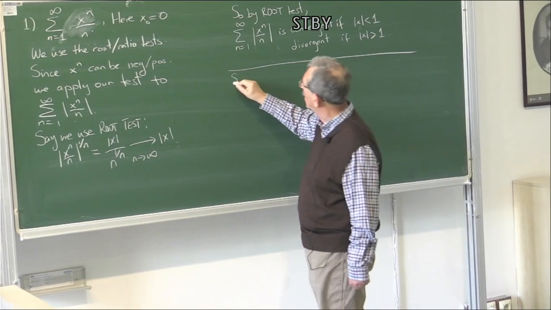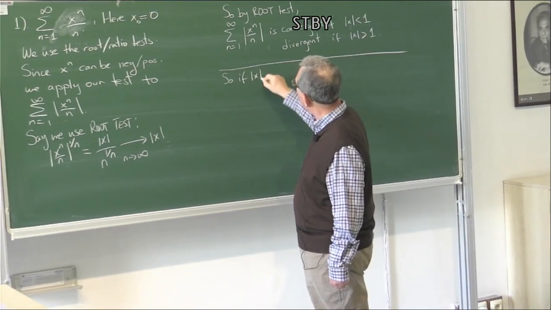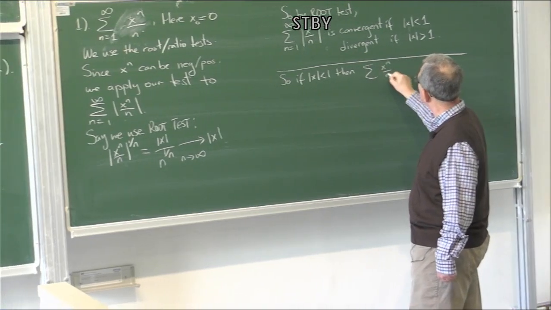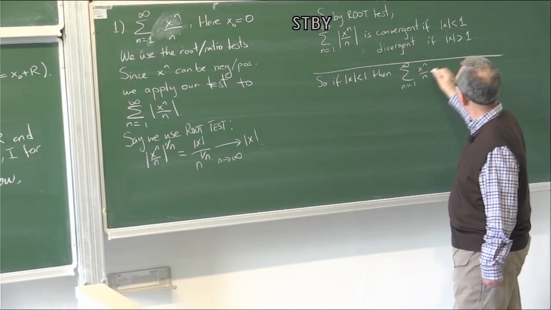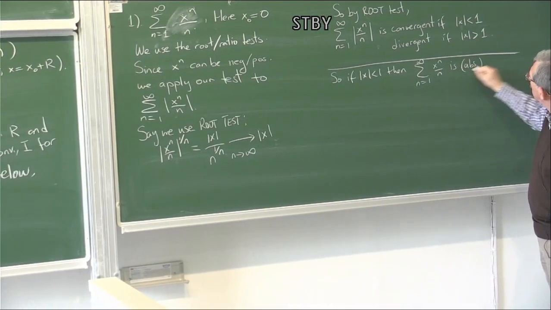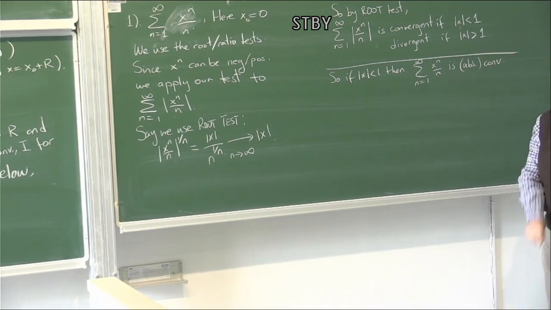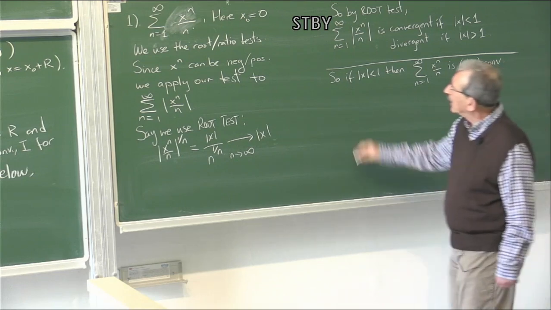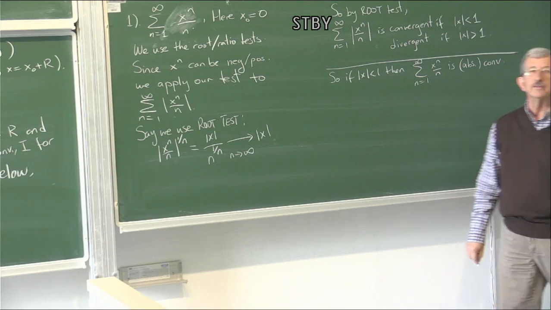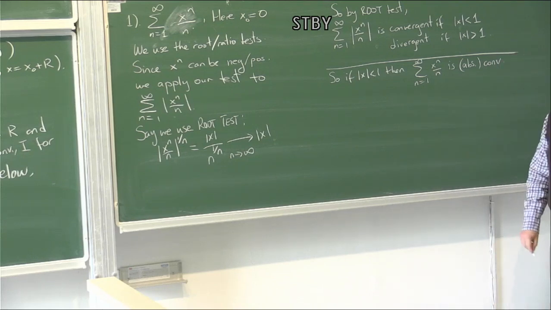So, if absolute x is less than 1, then the series is, in fact, absolutely, but whatever, it's convergent. Fine. But if the absolute value of a series in this form diverges, we are not sure that without the absolute value, it also diverges.